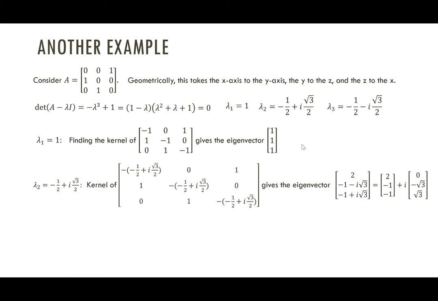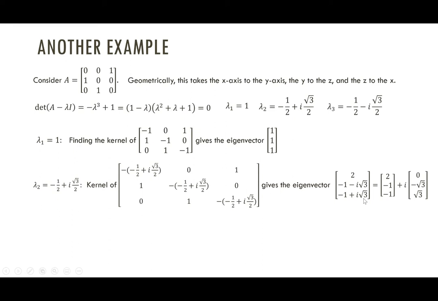Similarly, though considerably more painful, if you have the eigenvalue lambda 2, then you want to find the kernel of A minus lambda I. It just looks like a headache. And you are welcome for not making you do this yourself. But it turns out if you did the calculations, this would give you the eigenvector 2, minus 1 minus i root 3, minus 1 plus i root 3.